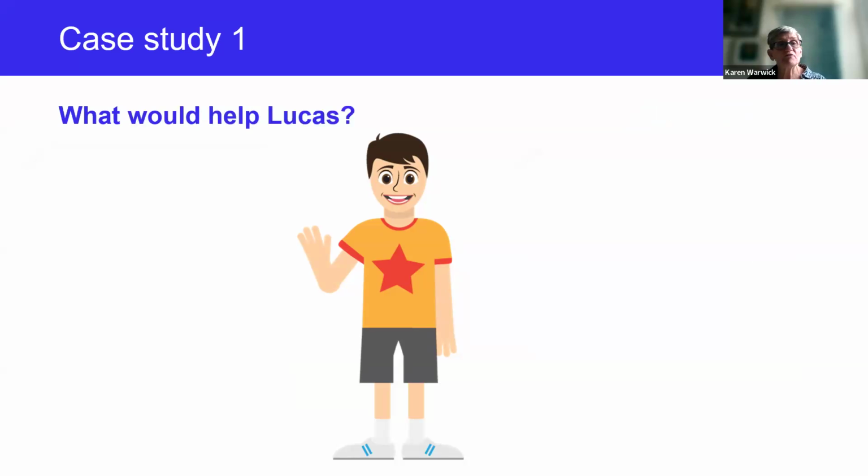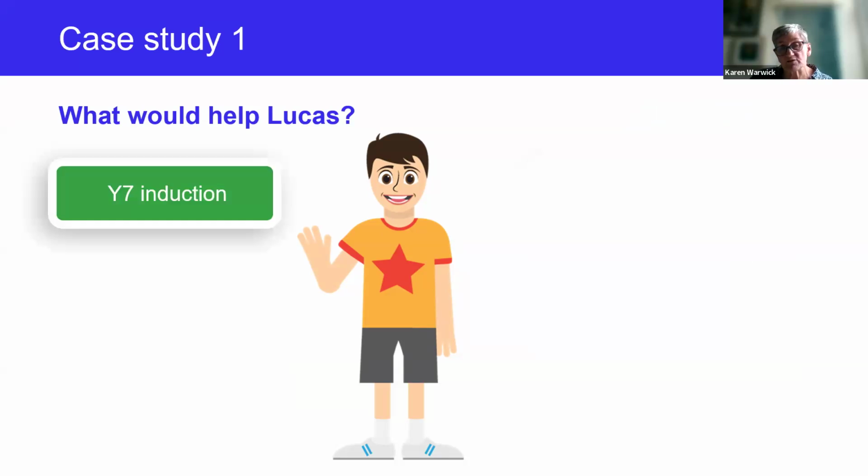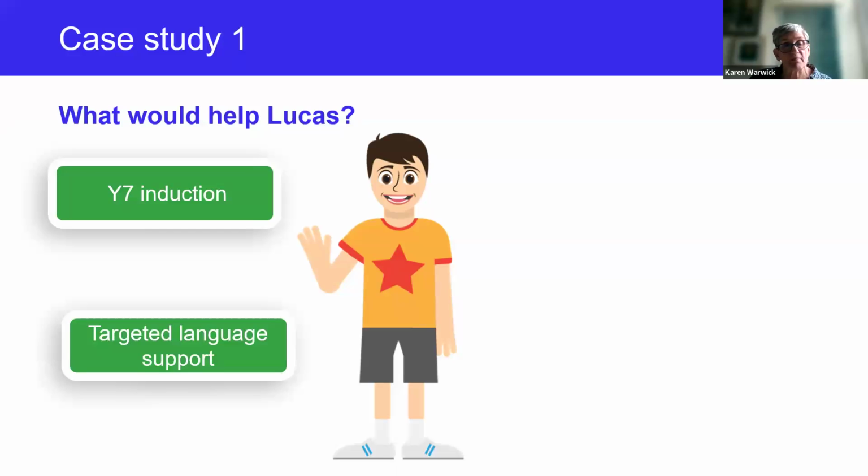So thinking a bit further about Lucas, I'm sure this is a familiar scene in schools for you. We've suggested 4 interventions from the guidance that could help him. Sarah's made much of induction as she's gone along in her delivery. It's important.